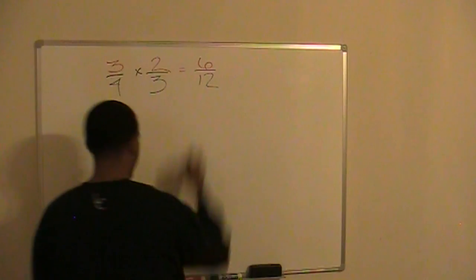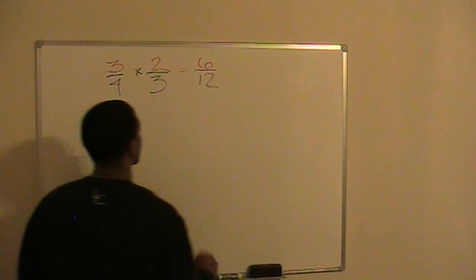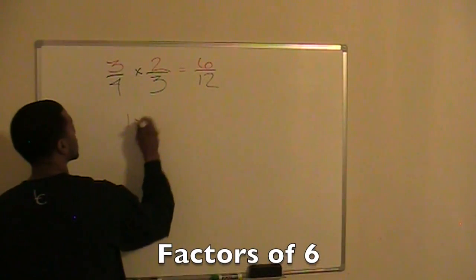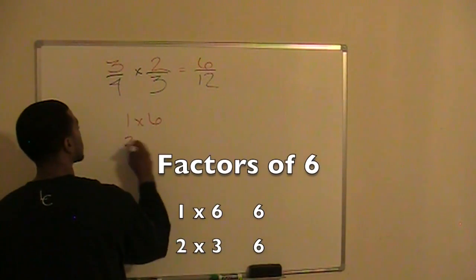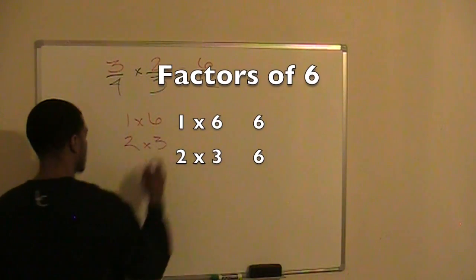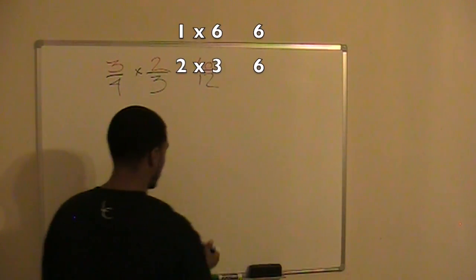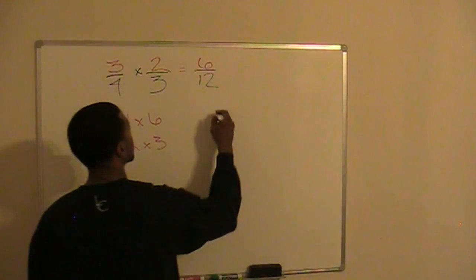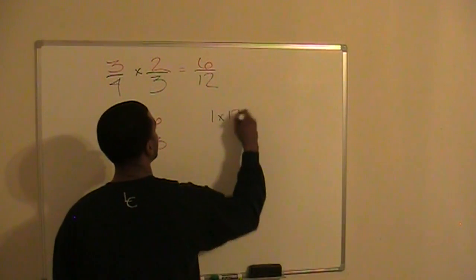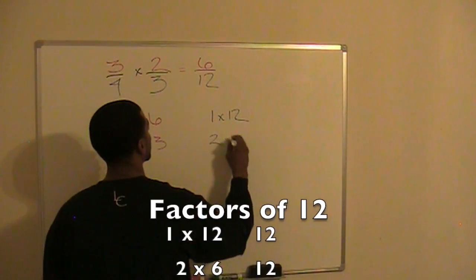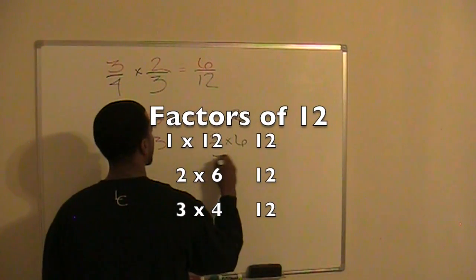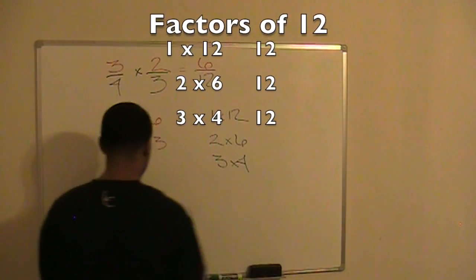We can write down the factors of 6. I have 1 times 6, and then I have 2 times 3. Now I need to write down the factors of 12. 1 times 12, 2 times 6, and 3 times 4.